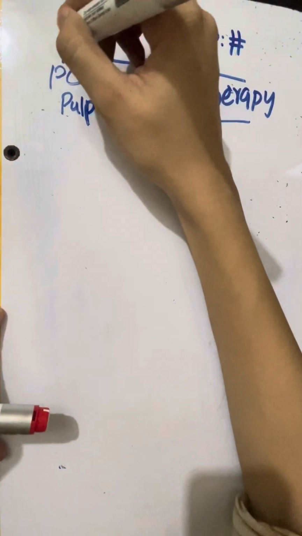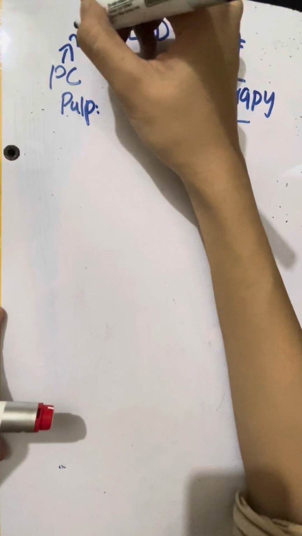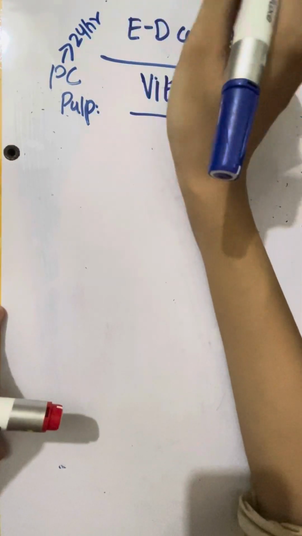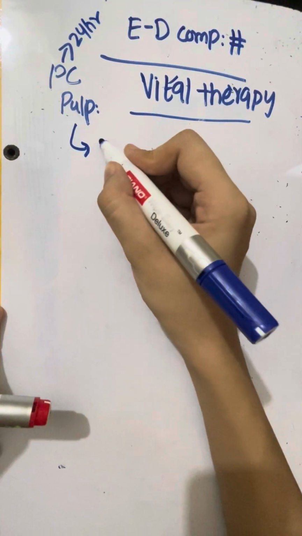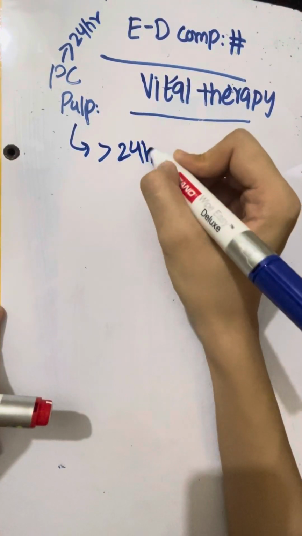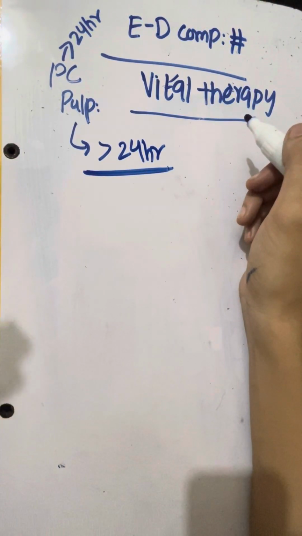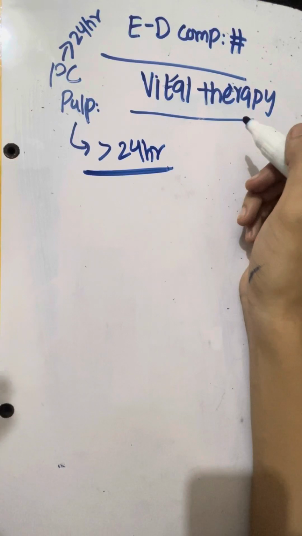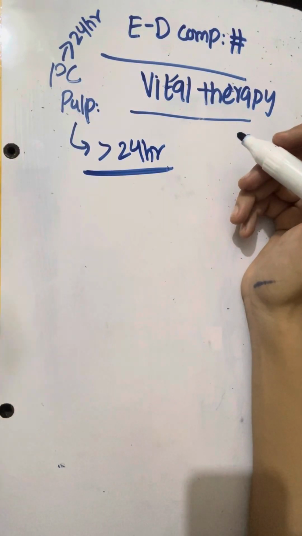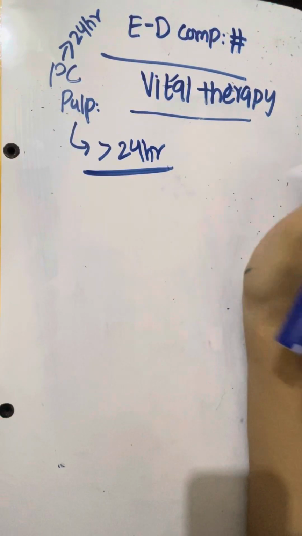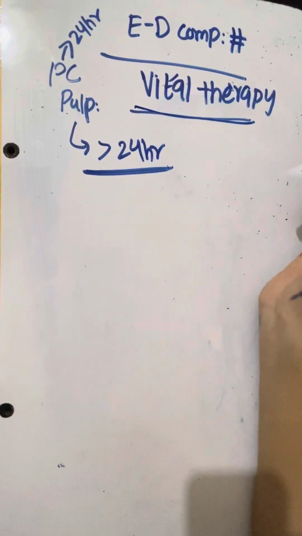Pulp capping is done when the exposure of the trauma is within 24 hours. And if the exposure of the trauma has crossed more than 24 hours, then we will go for pulpotomy. So this is the major difference between pulp capping and pulpotomy. It is a time difference, but both are vital pulp therapy.